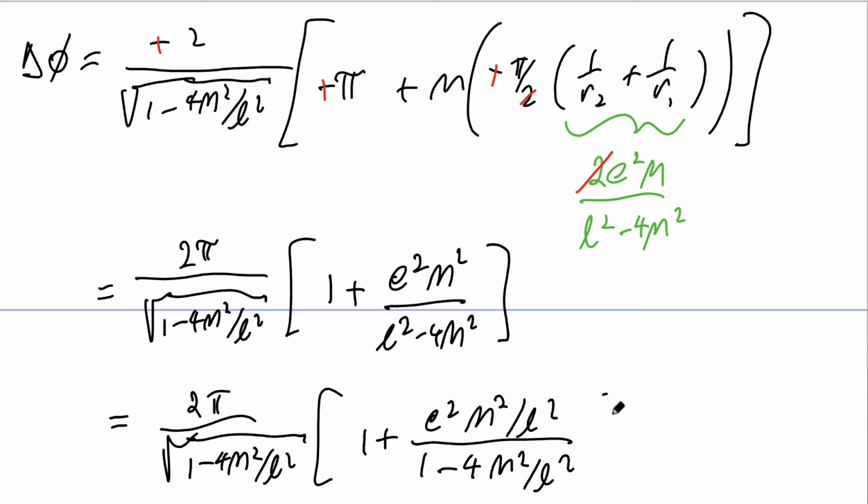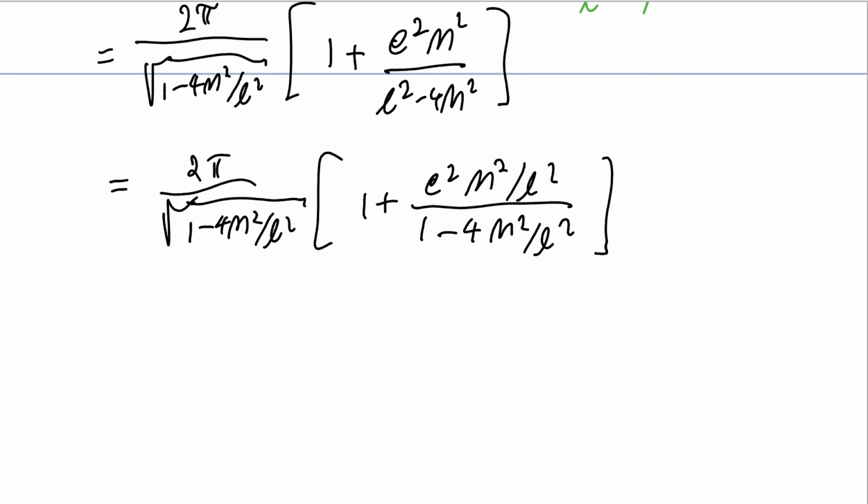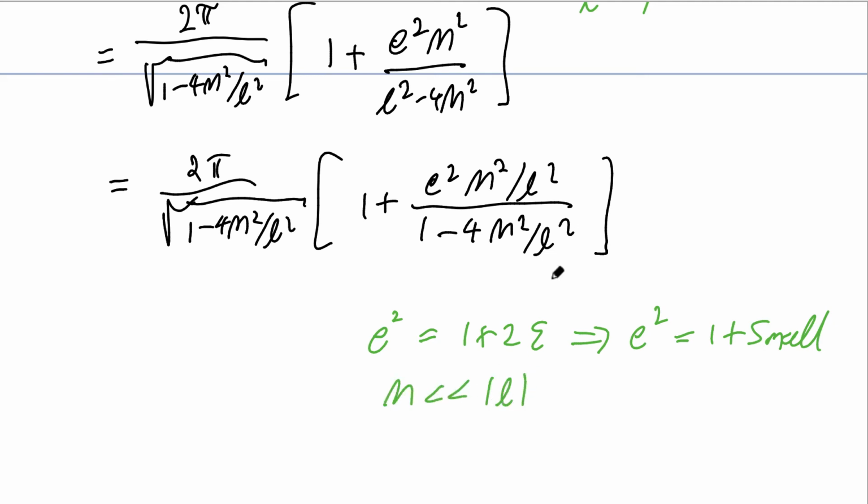squared over L squared. Now let's remember little e squared was equal to 1 plus 2 times big E, and big E is a small quantity of order 1, so that means that little e squared is equal to 1 plus small quantities, and also recall that m is much, much less than the absolute value of L. So this term here is already small by virtue of the m squared over L squared factor.